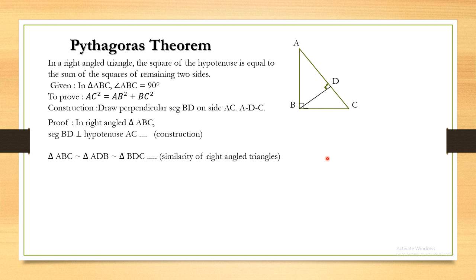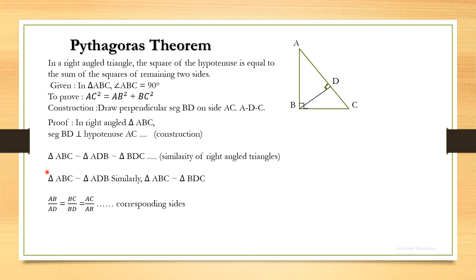That means triangle ABC is similar to triangle ADB, and also similar to triangle BDC. Let's take first triangle ABC similar to triangle ADB.